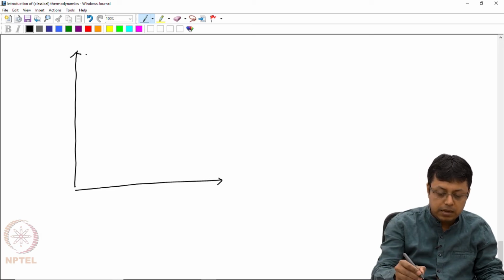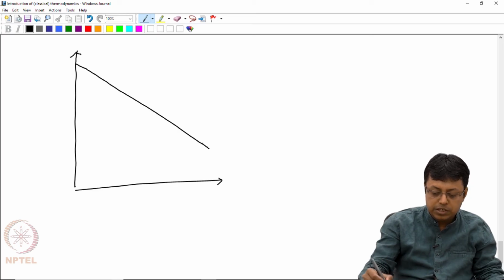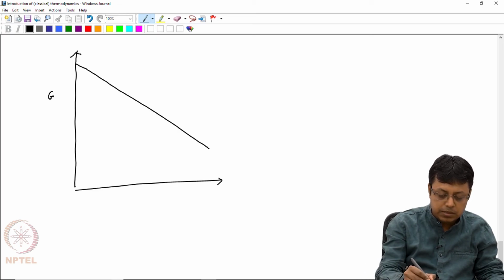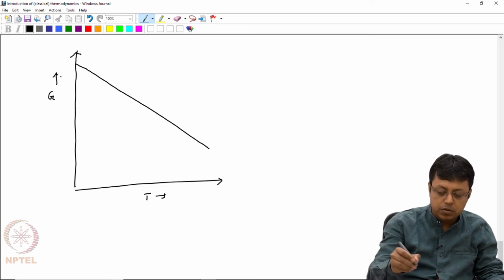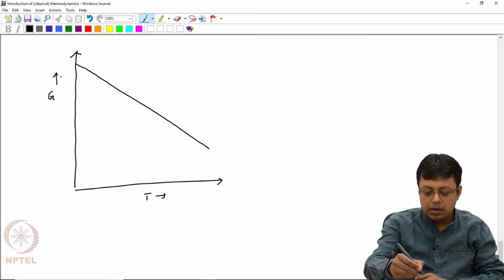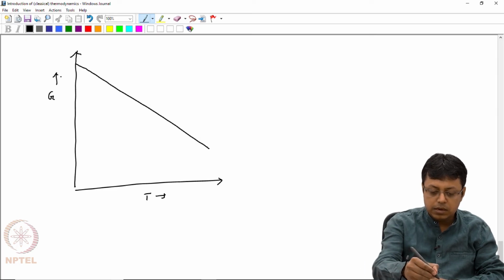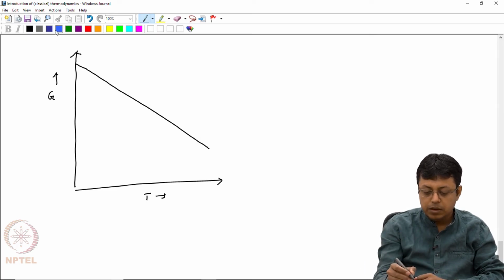And so what I'm saying here, I have a G versus T curve, or mu versus T curve, for the solid, which I wrote as the black curve, and then let us draw another curve, let's say in blue, for the liquid.